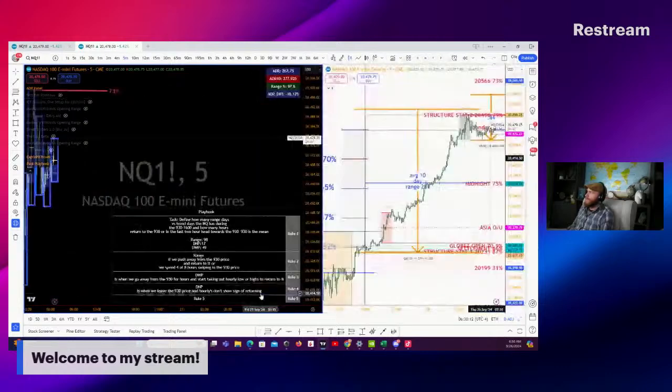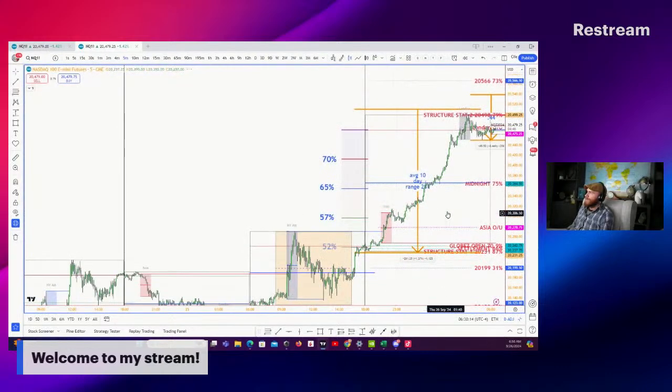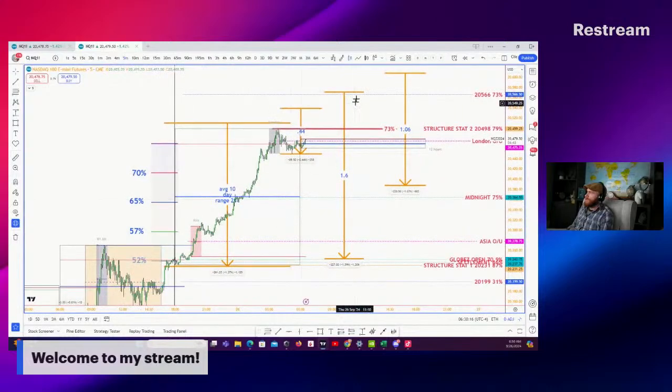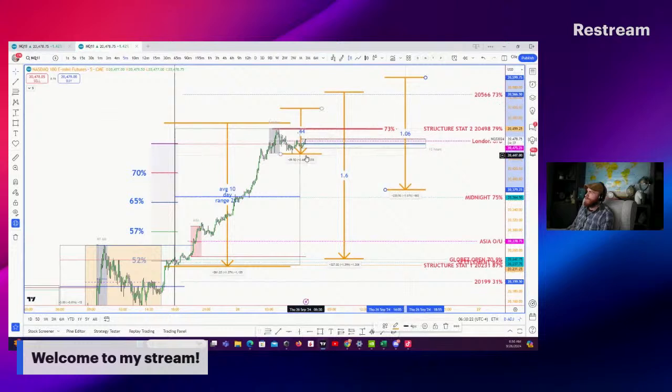Does that make sense? So, with all of these stats on our charts, since we know that there's still 50% of the average weekly range left on the table, and this move right here has knocked about 20%, so we can say around 30% of the average weekly range is left on the table.